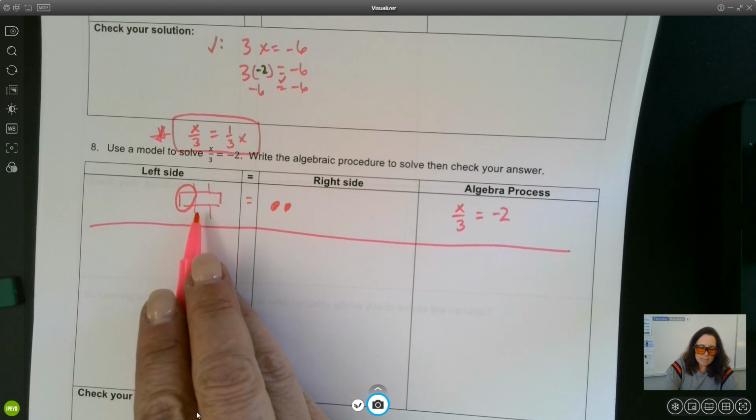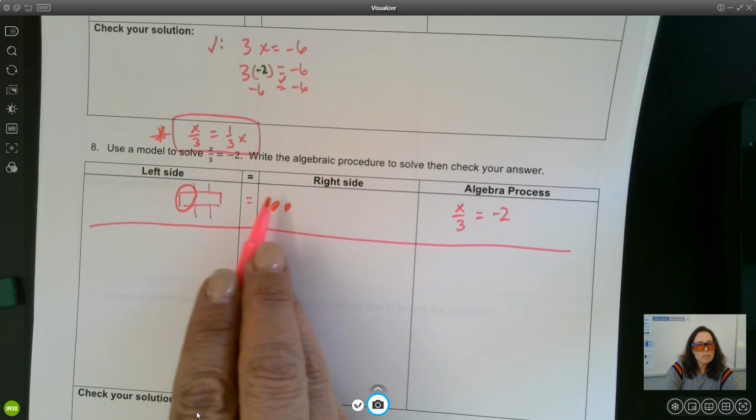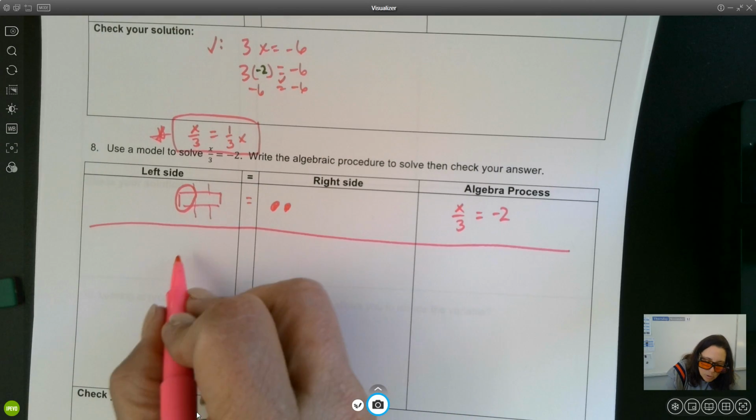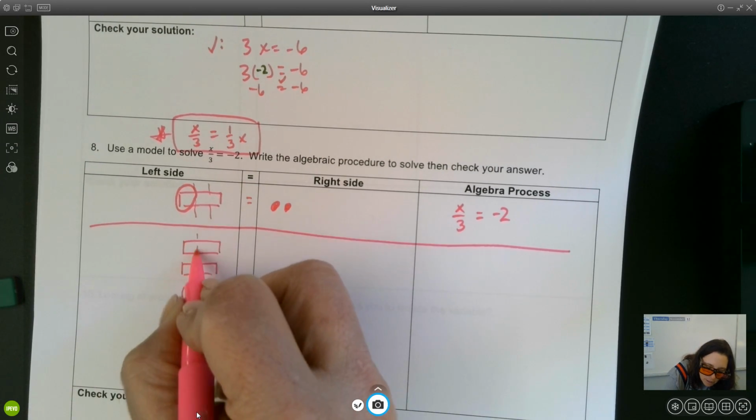All right, I want a full x. If I have a third, don't I have to triple this picture? Wouldn't I have to triple this picture? 1, 2, 3.